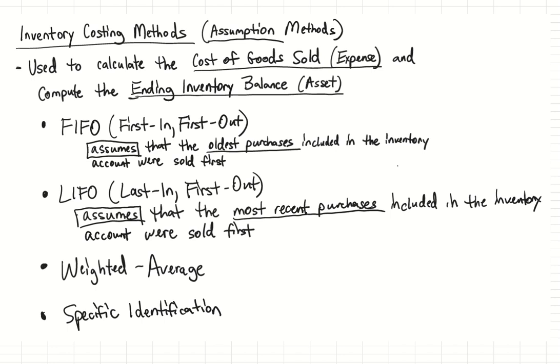So the specific identification method can be used on customizable items, customizable orders, and orders that are large in amounts. Because if an order is large in amount, let's just say you have a price on the item to be sold for, like $2,000, you're probably going to use this method to figure out what your profit is on that item.